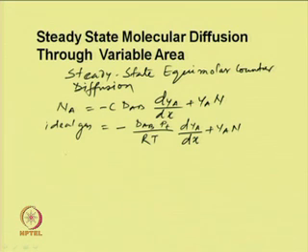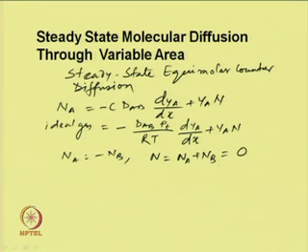Now, for two component system and equimolar counter diffusion, Na will be minus Nb and N is Na plus Nb, and which is equal to 0.